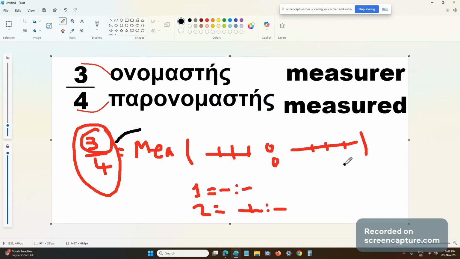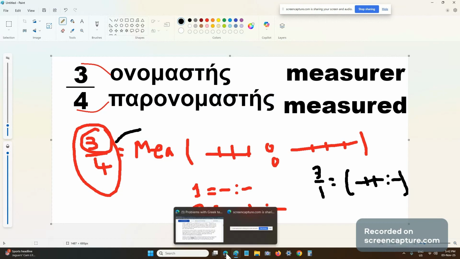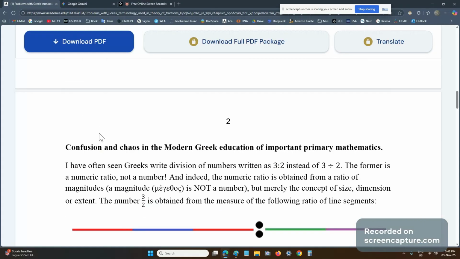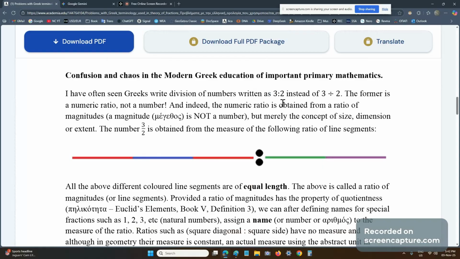So if you write 3, it's the same as 3 over 1, and it's the measure of this ratio, isn't it? It's the measure of this ratio. And of course another bad thing that the Greeks do in their schools is they confuse things. Instead of, for example, writing 3 divided by 2, which is correct, they write 3 colon 2.